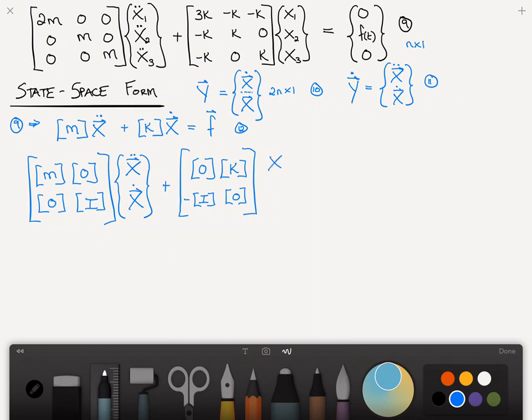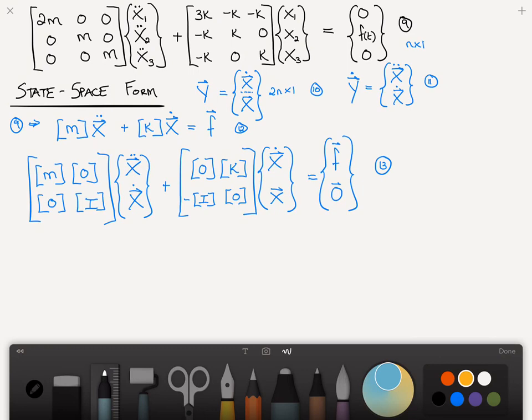And then this is x dot, this is x, and that's equal to, we've got this vector up top f, and at the bottom 0, but it's a 0 vector. We'll call this 13.